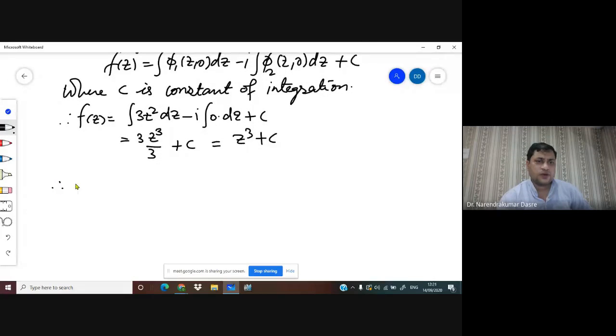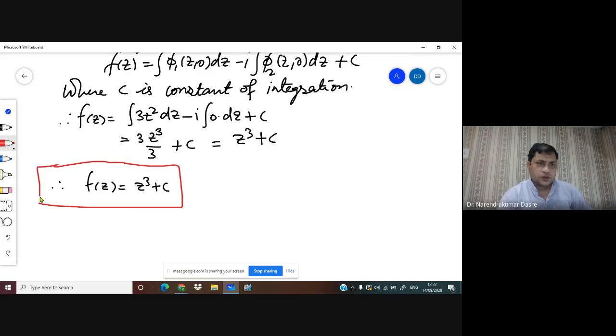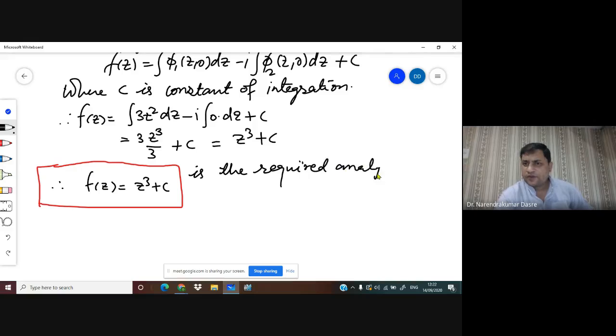So we got f of z is equal to z cube plus c. This is the required analytic function, and now we have to find the harmonic conjugate.